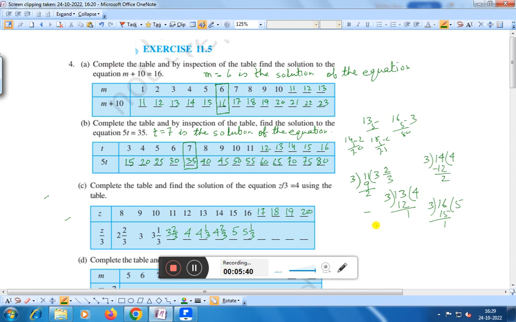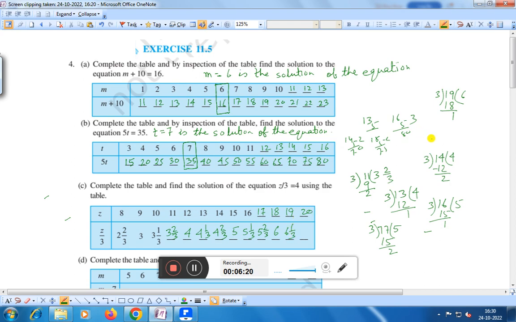Next one is 17 by 3. 3 fives are 15, 16, 17, 2 remaining. 5 whole 2 by 3. 18 by 3, that is 6. 19 by 3, 3 sixes are 18, 1 remaining. 6 whole 1 by 3.